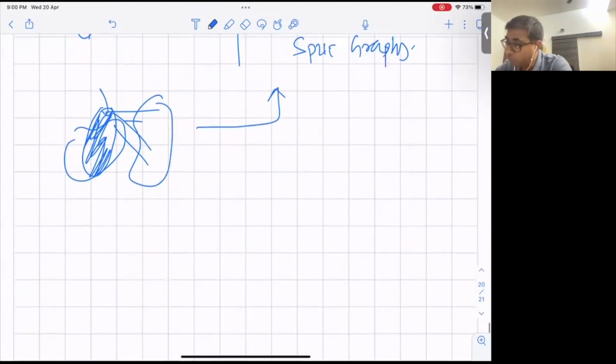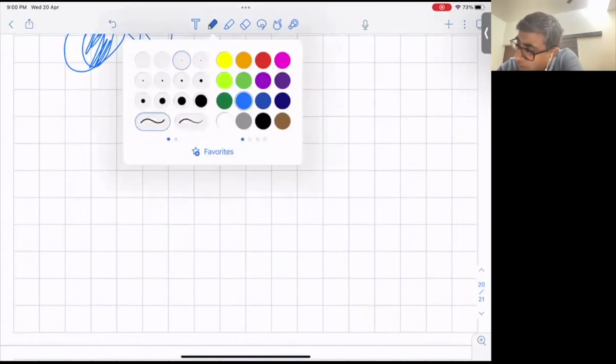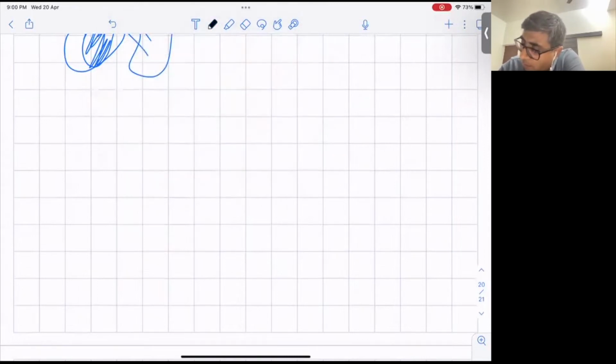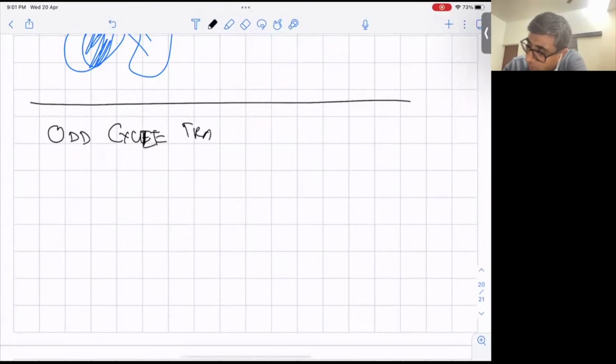Okay. So having done that, as I promised, while many of these problems are easy to design parameterized algorithms for, there is one problem we haven't handled. What is odd cycle transversal?